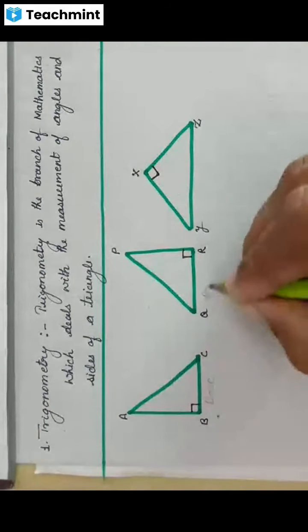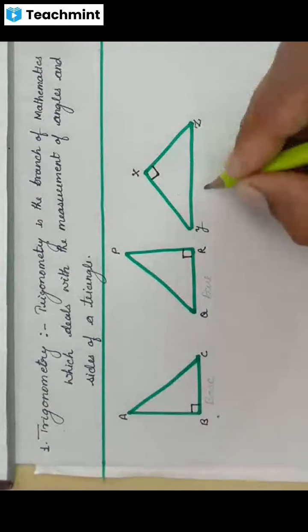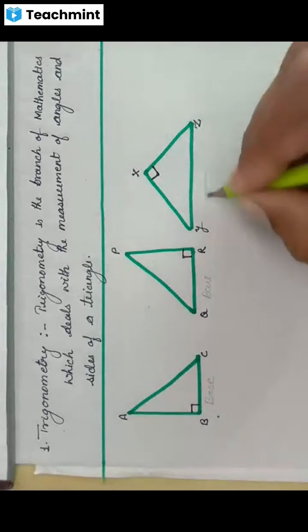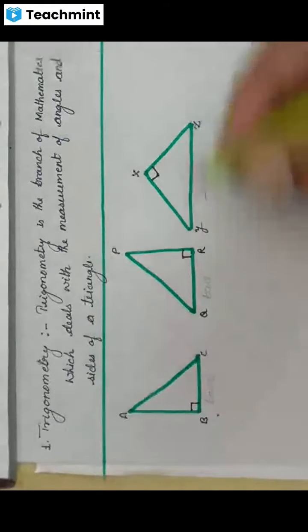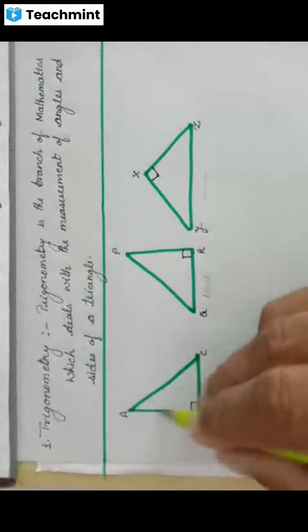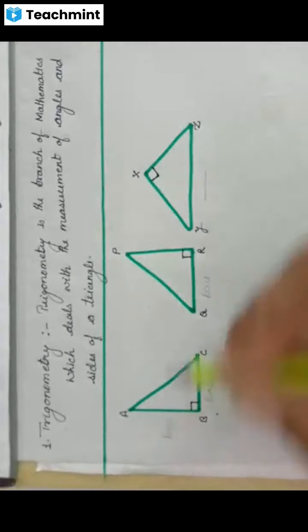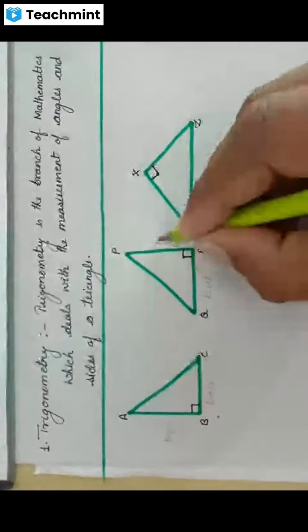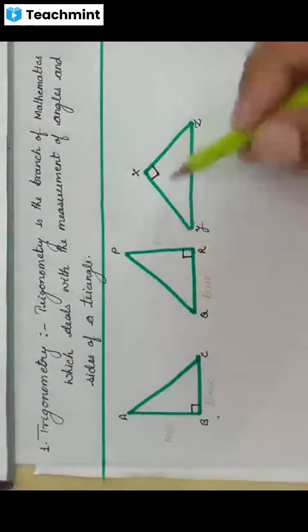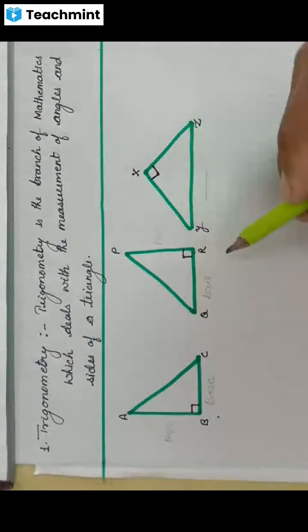This is my base, and here also on observation I can write it is a base. Is it clear? And the side which is at 90 degrees to the base is called the perpendicular. Here also it is the perpendicular, but here no side seems to be perpendicular.